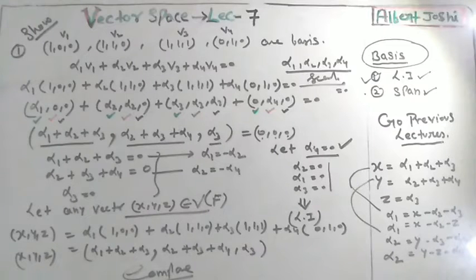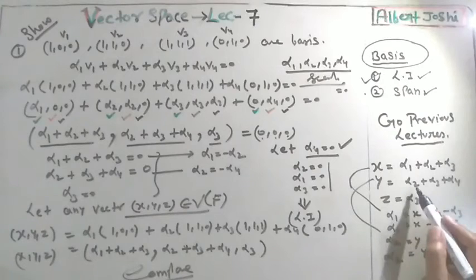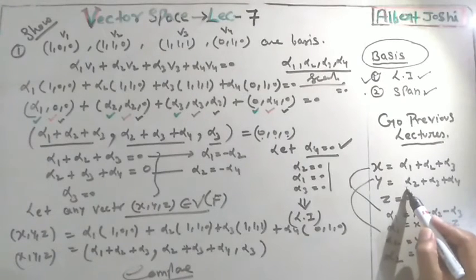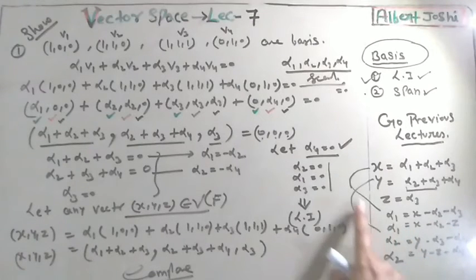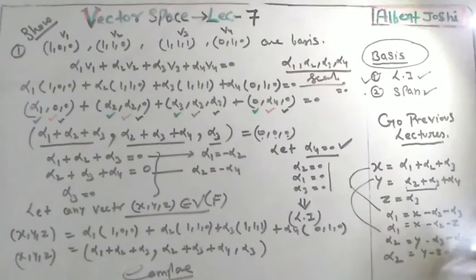But there is a problem. What is the problem? We can also write alpha 2 plus alpha 3 equals y minus alpha 4.